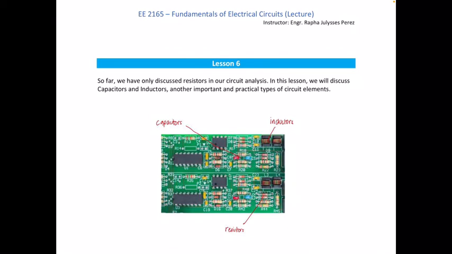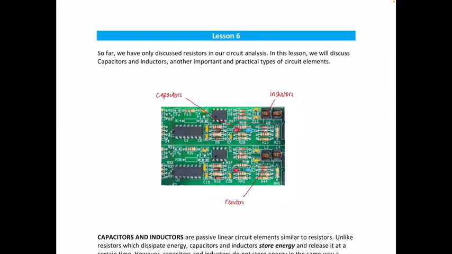So this lesson has two goals. At the end of the lesson, we are expected to, number one, understand what a capacitor and inductor is and how it works in the circuit, its functions and things like that. And the second goal would be to expand the circuit analysis techniques that we have learned from resistors to capacitors and inductors, with of course just a very few tweaks, nothing very difficult.